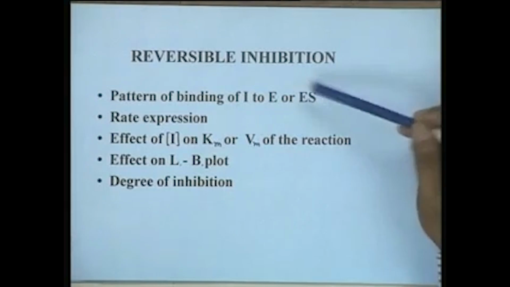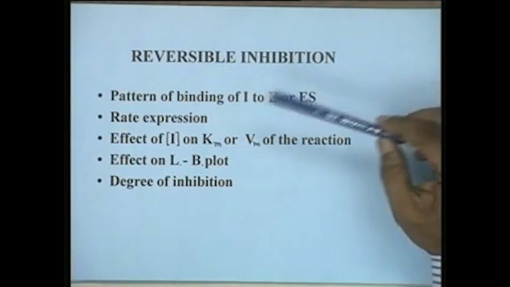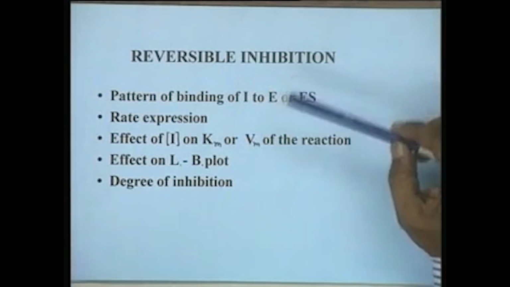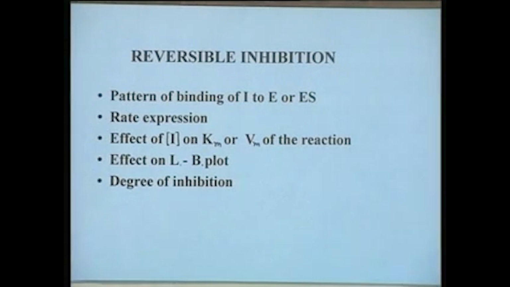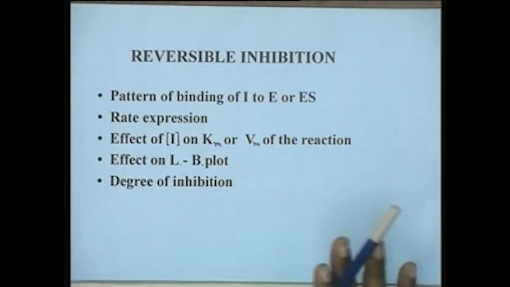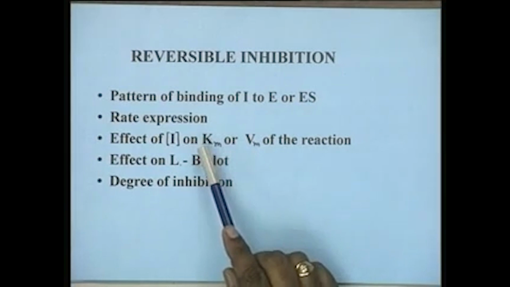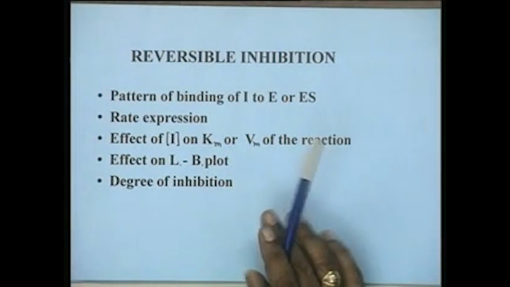Based on that mechanism, a rate expression is evolved, which also has characteristic features for a particular class of inhibitor. Then one looks at the effect of the inhibitor on the Michaelis-Menten constant and the maximum reaction velocity of the reaction, and a particular class of inhibitor gives you a typical effect on the value of Km or Vm.